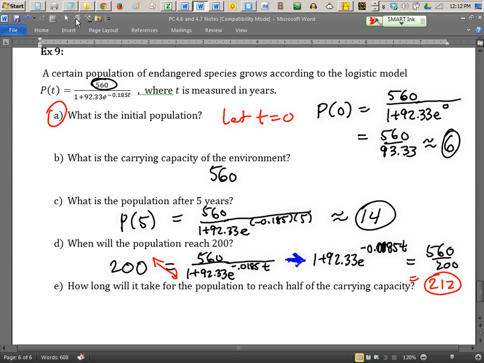212 years. How long will it take to reach half the carrying capacity? Same question. Just put a 280 here because that's half of 560. Solve it all over again. Or ask Jack, he's got the TI-89. I want to say it was 200. I'll put the number in if you wish to see it.